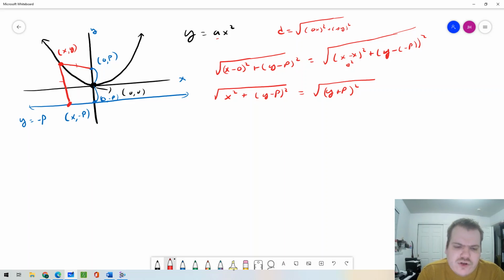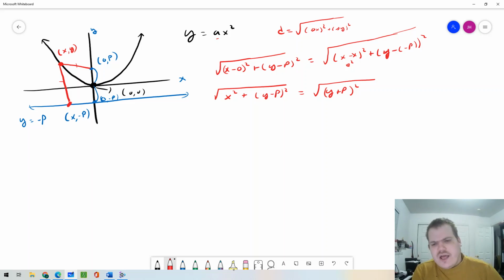So I can square both of these without loss of generality. I don't have to worry about that negative case or imaginary numbers. We can't just say that in general usually, but in this case, since everything's squared, it will work out very nicely. So I can just square both sides.